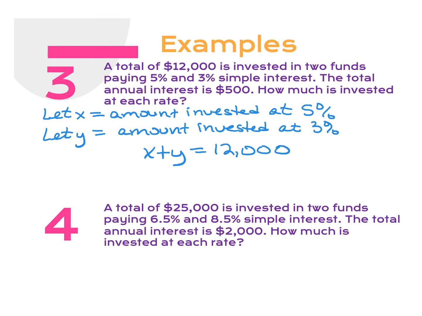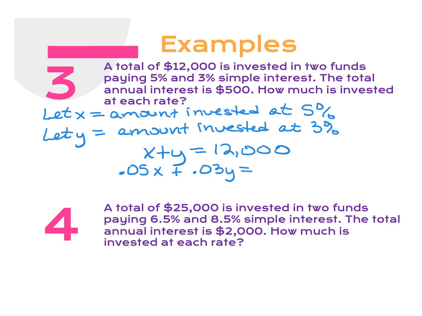The next equation is going to take into consideration the percent of interest. Now, whenever you work and figure out simple interest, you need to change the percent to a decimal. And the way that I change a percent to a decimal is dividing by 100 or just moving the decimal point 2 times to the left. So 5% as a decimal would be 0.05x. 3%, 0.03y.